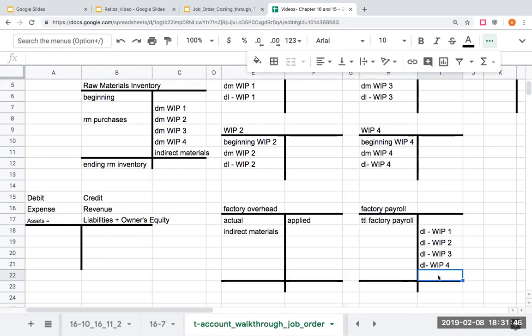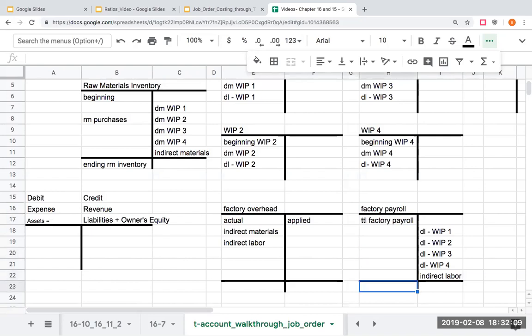And so we can't call it direct labor because he has different things happening here. So what we're going to call this is indirect labor. Okay. Now, if I'm crediting indirect labor here, where is that going to debit to? And this is going to go over here to my factory overhead under actual because it's an actual cost.